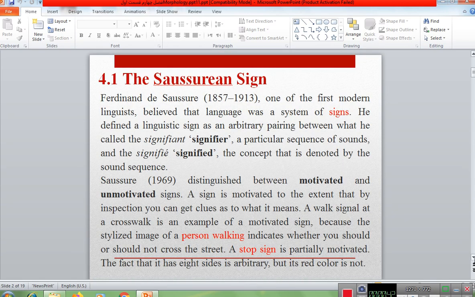First of all, I want to talk about the sign, the Saussurean sign. Ferdinand de Saussure, one of the first modern linguists, believed that language was a system of signs.